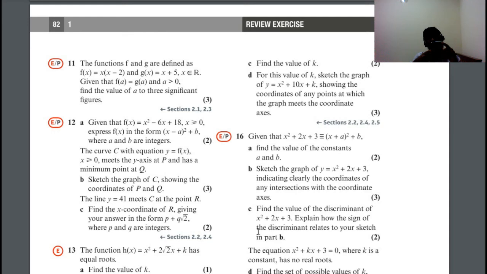So a squared minus 2a is equal to a plus 5. Take the a to the other side: a squared minus 3a minus 5 is equal to 0.